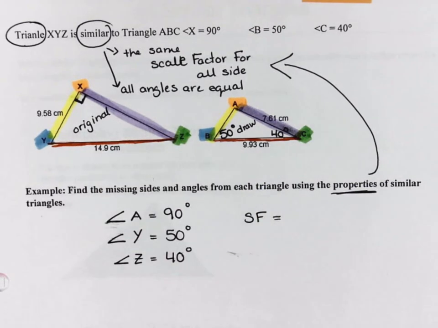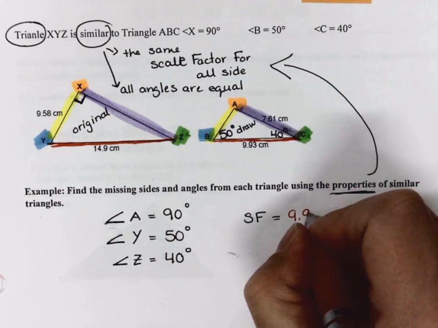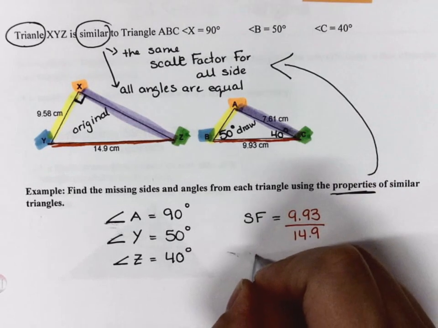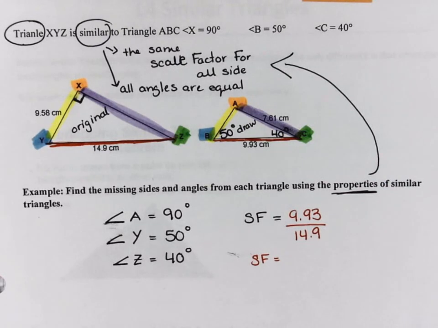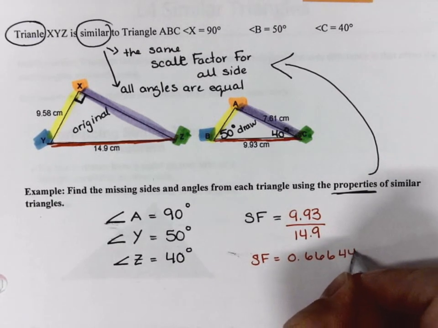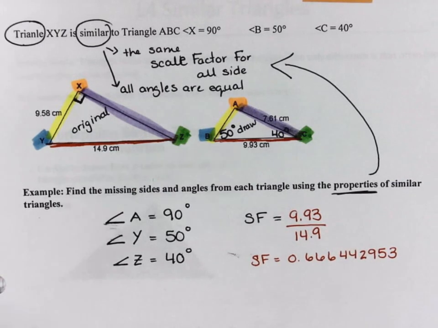And the red side is the only side that has both pieces of information. So I'm going to have 9.93 divided by 14.9. Ooh, this is not a fun decimal. 0.666442953. All right, so now we got to figure out the sides.